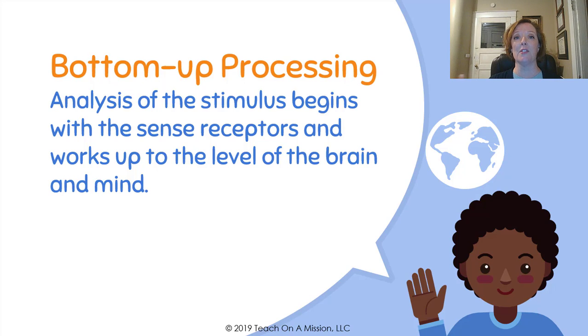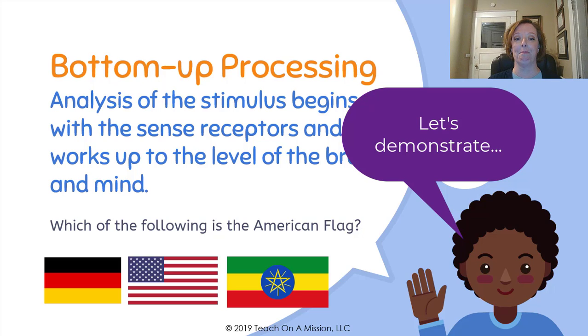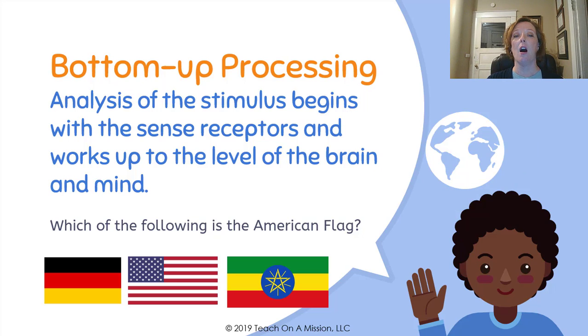So this is stimulus coming in. Which of these is the American flag? You know which one it is because of bottom-up processing. The information is going into our eyes, and we are able to tell because of the different lines and the colors that we are interpreting that it is the American flag in the middle.